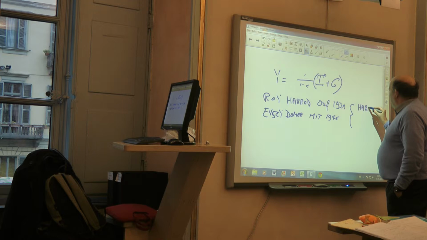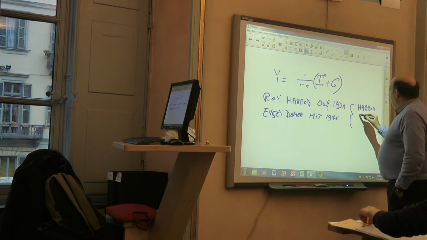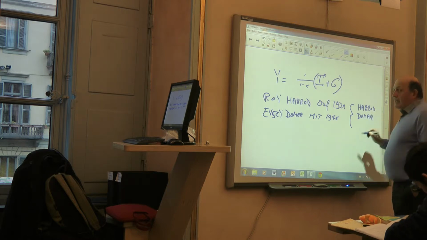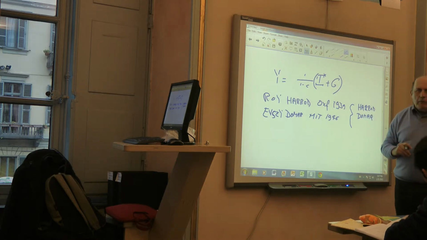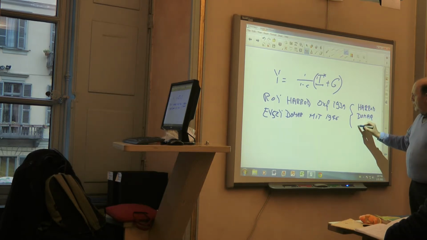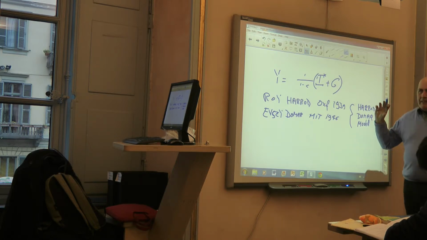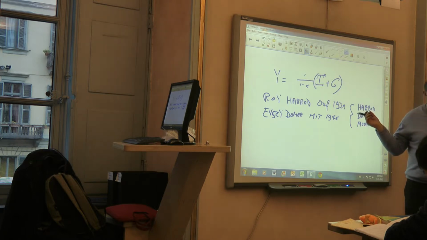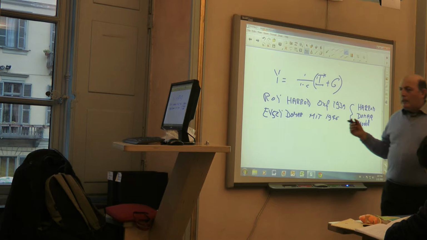In fact, once I did meet Domar, he's dead now, but he didn't die long ago. That's the growth model, which was then attached to the Modigliani short term, and the long term became the Harrod-Domar growth model.